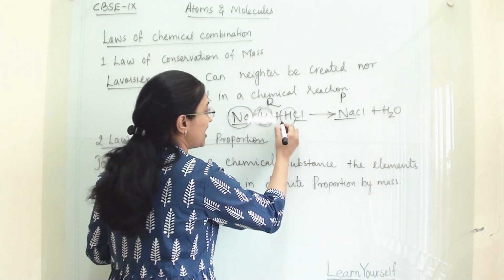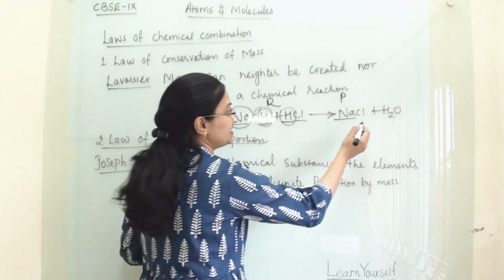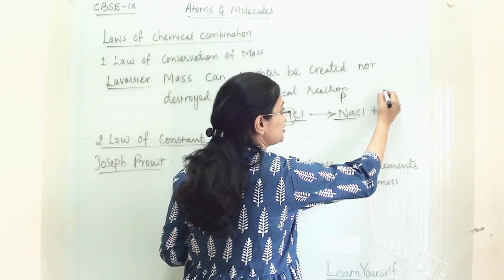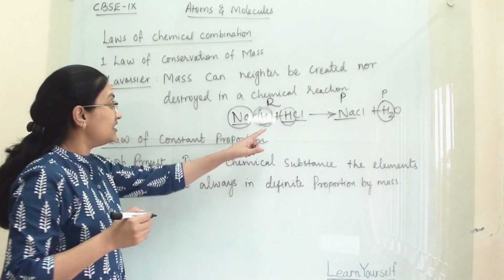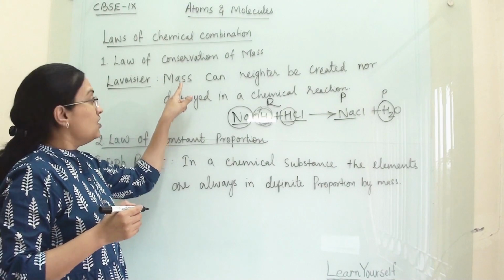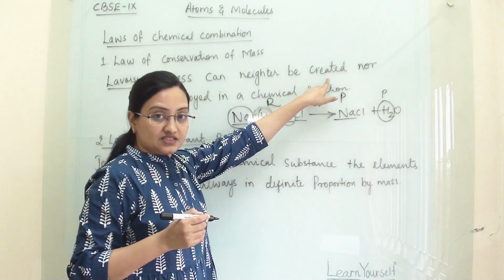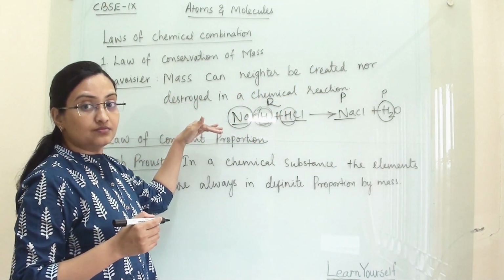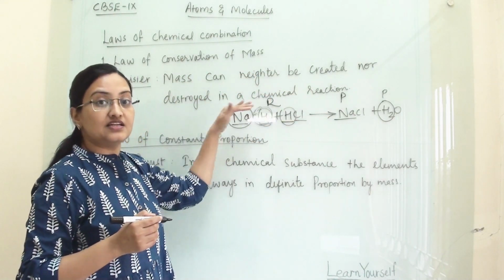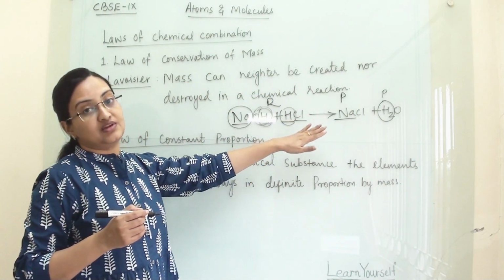If there are two hydrogens at the reactant side, then we will get two hydrogens at the product side. So that means no atom can be created throughout the chemical equation.